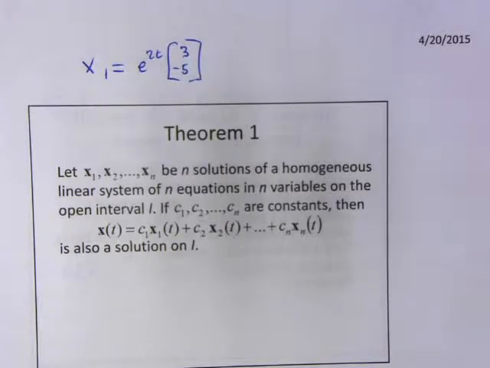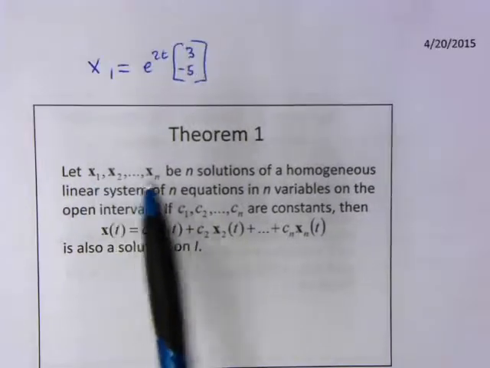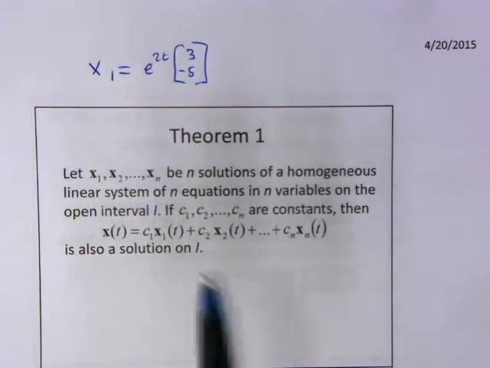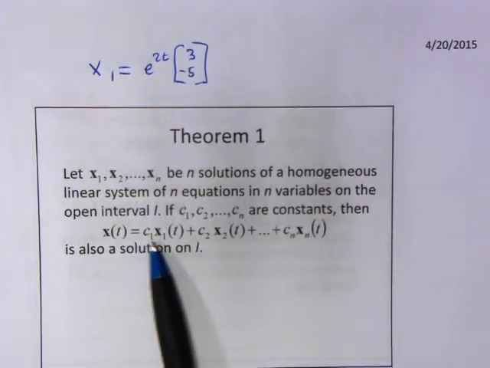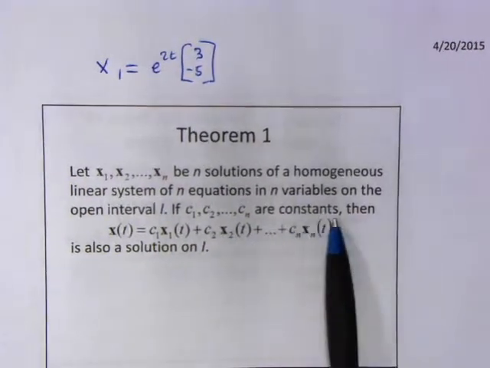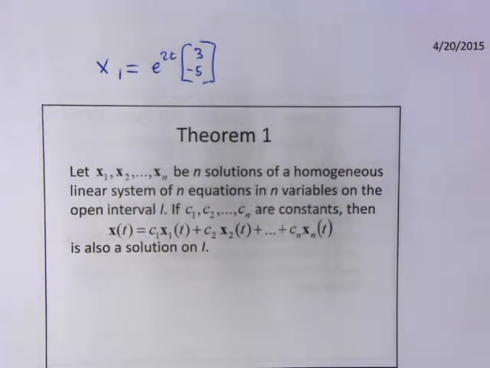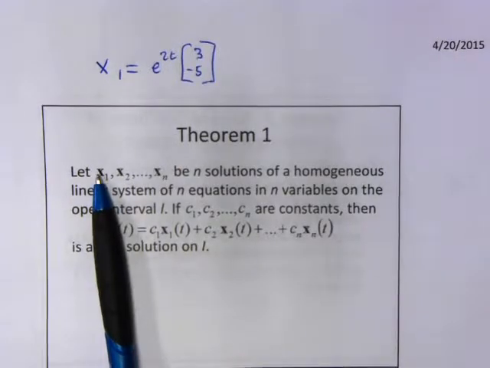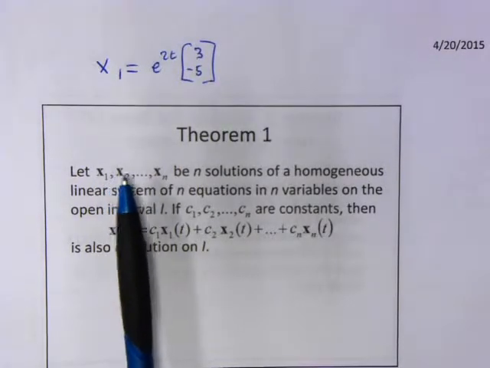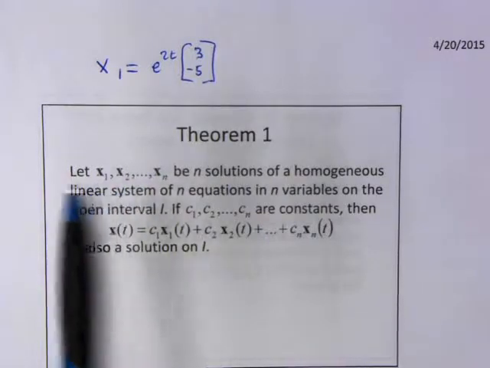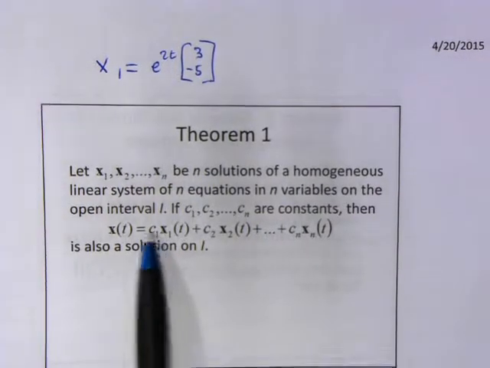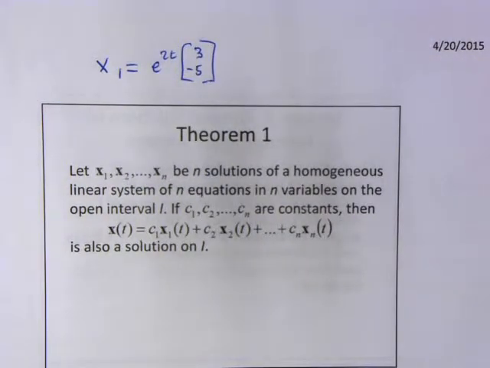But what it says is, if you have solutions, you can multiply by constants and then add them all up, and you still get another solution. That's the exact same theorem we had back in chapter 2, except our solutions were not vector solutions, our solutions were just functions. But we said if you had solutions, you can multiply by constants, add them up, and you still have a solution.